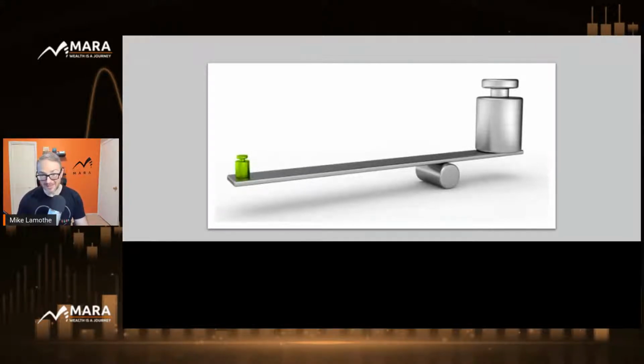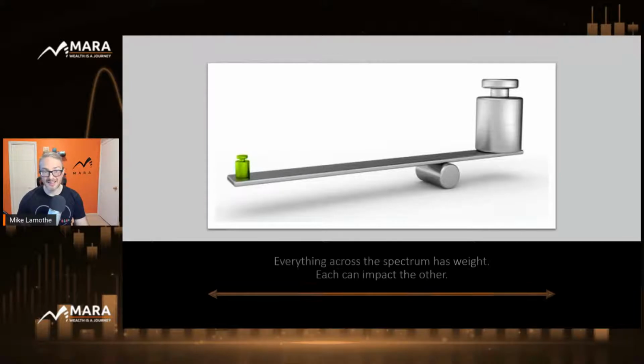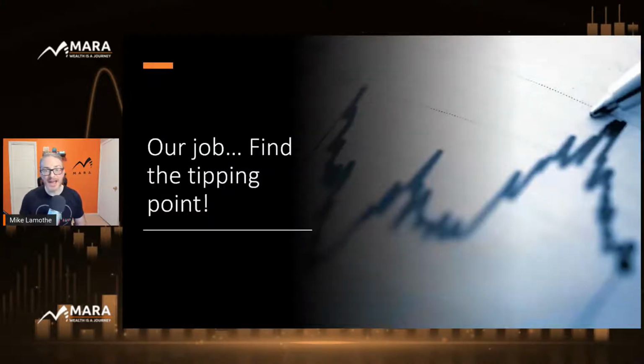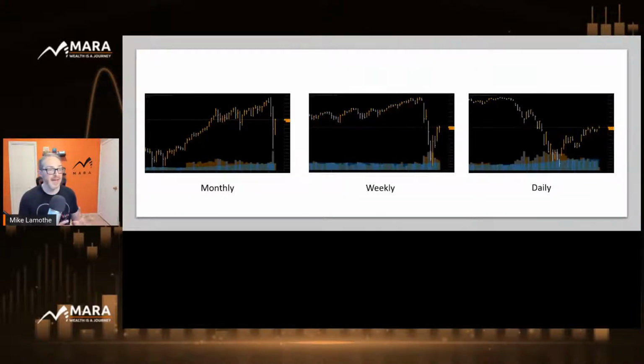The point is that each of them has weight, and each of them can impact the other, especially when it's set up like this. So our job as traders is to find the tipping point when we are looking at charts and at different time frames.